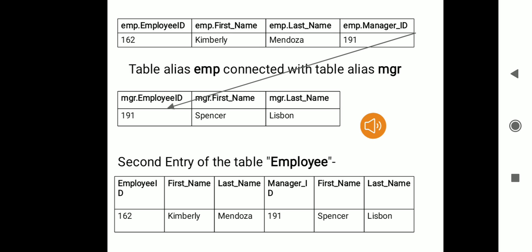Hence, the second entry in the table has employee ID as 162, first name for employee as Kimberly, last name for employee as Mendoza, the manager ID as 191, first name for manager as Spencer, and last name for manager as Lisbon.